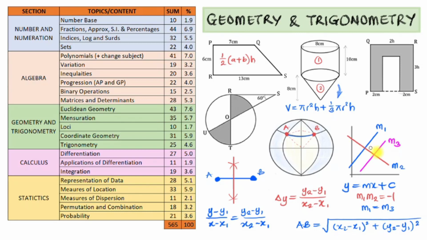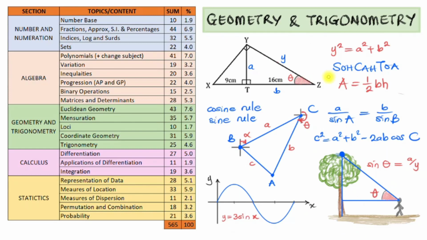But if you have another line perpendicular to them, then the product of those slopes, M1 and M2, will be -1. Okay, you need to know how to get the gradient, which is differences in the y coordinate over differences in the x coordinate, and you also need to know how to use that to get the equation of a line. So those are very, very insightful things that you need to know when it comes to coordinate geometry.